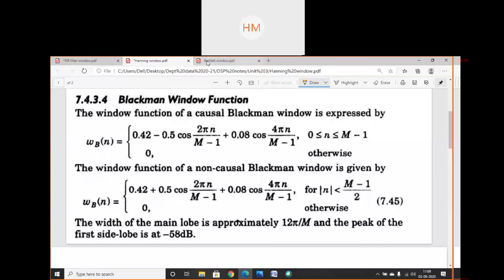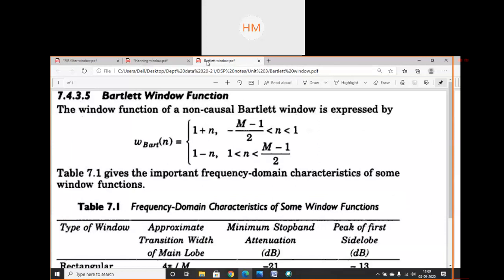And the next, write down the next window function, the Bartlett window function, B-A-R-T-L-E-T-T. Bartlett window function.